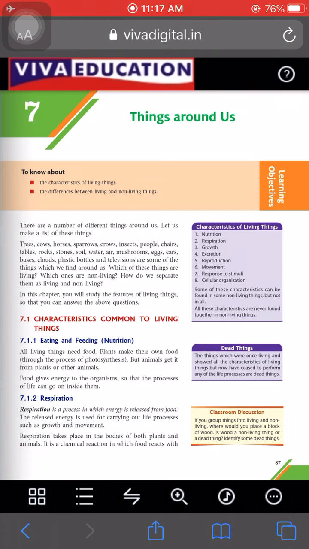Next is respiration. Respiration means taking a breath. Respiration is a process in which energy is released from food.